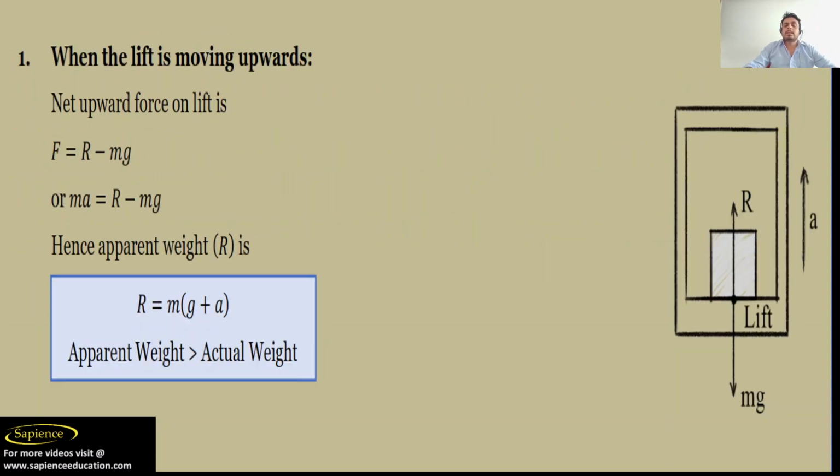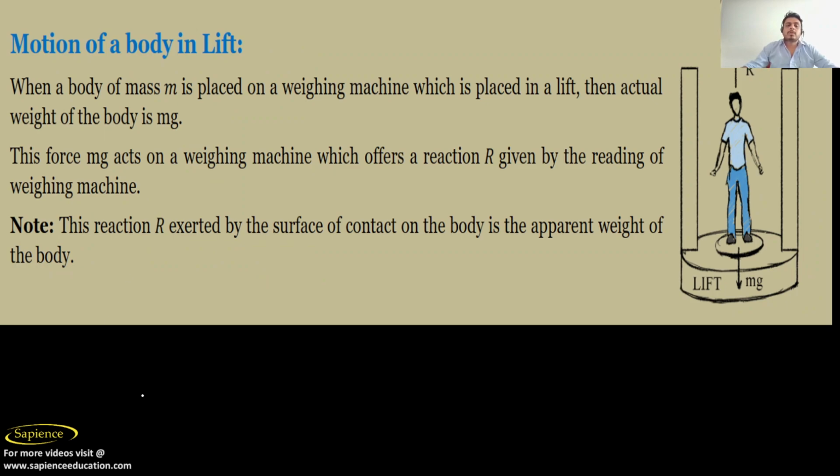Now let us consider motion in the lift. A person is on the lift. The person's weight is acting downward, that is equal to mg, and reaction force R is acting upward. When a body of mass m is placed on a weighing machine in the lift, the weight of the body is mg.